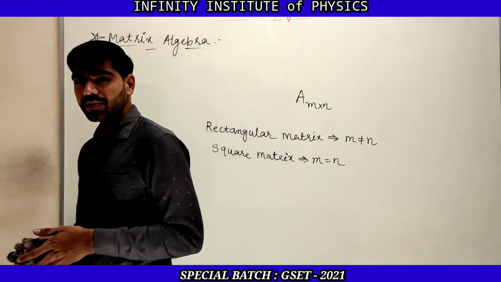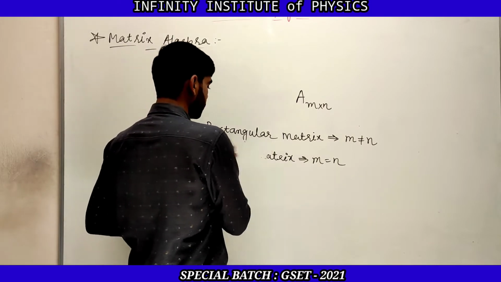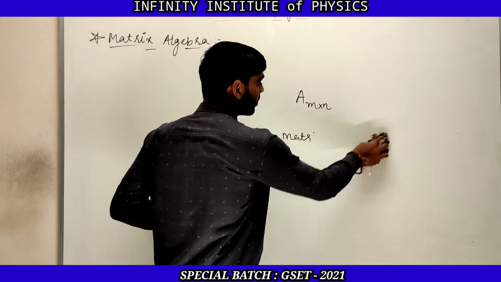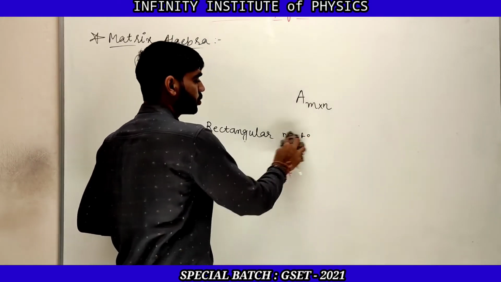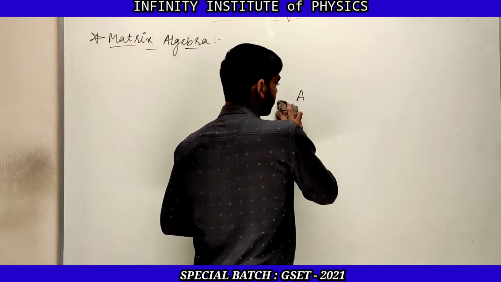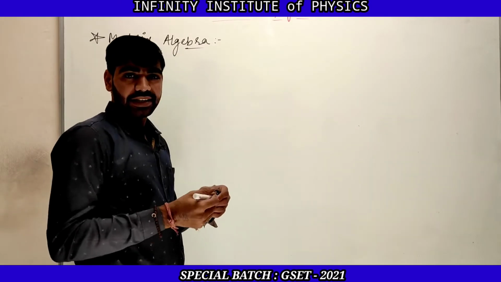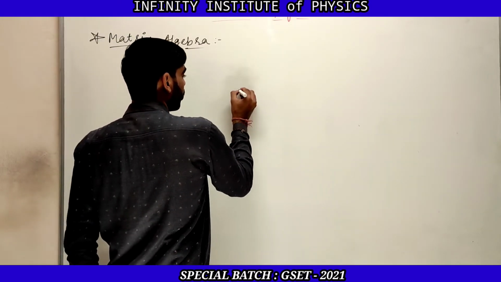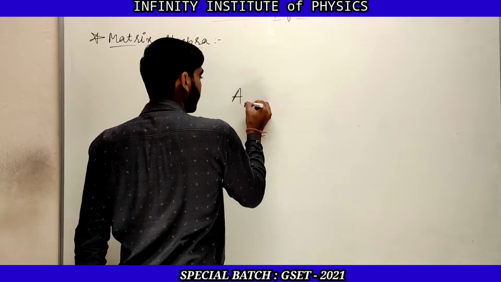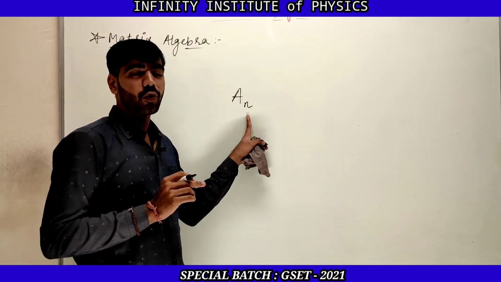Generally, or most often, we are going to deal with square matrices. So whenever I say matrix, you need to consider it as a square matrix, and if we have a square matrix, then it can be written simply as A_n. That means here A is a matrix of order n.